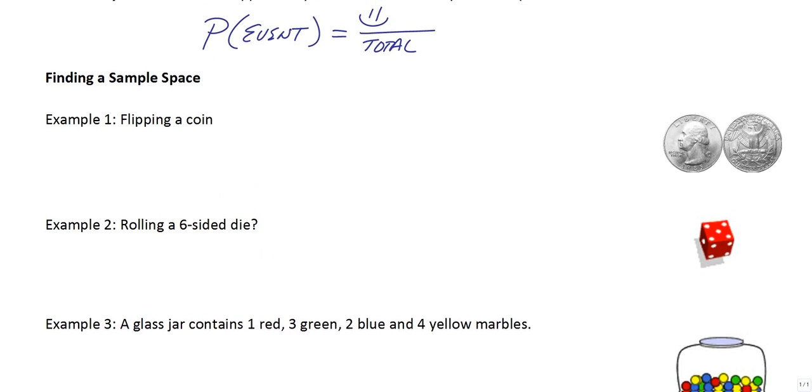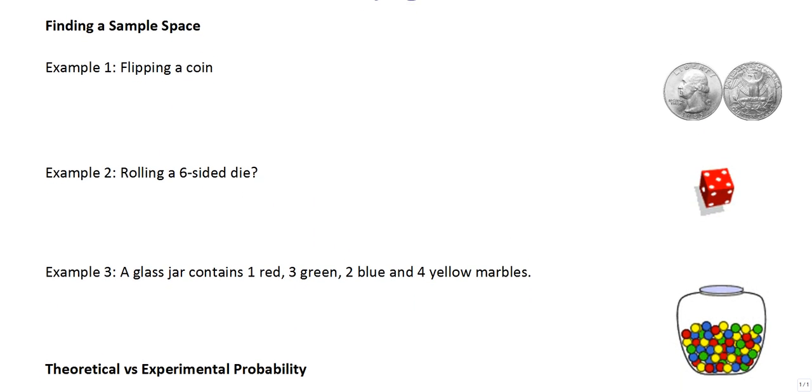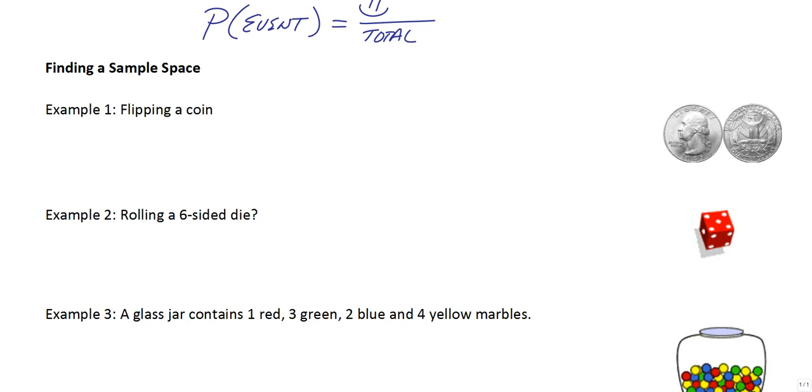So it's kind of easier to talk about this as we move along. So the first three examples we're going to talk about is just being able to identify what a sample space is. So our first example is flipping a coin. Well, you know what a coin is, and you know it's got heads and it's got tails. So your sample space is a head and a tail. But it also is two possible outcomes. Okay, you have two possible outcomes with that, a head or a tail.